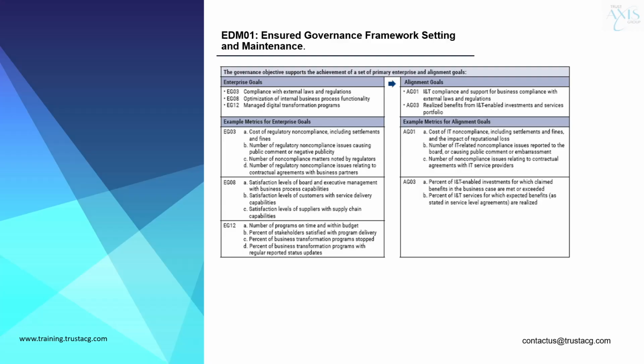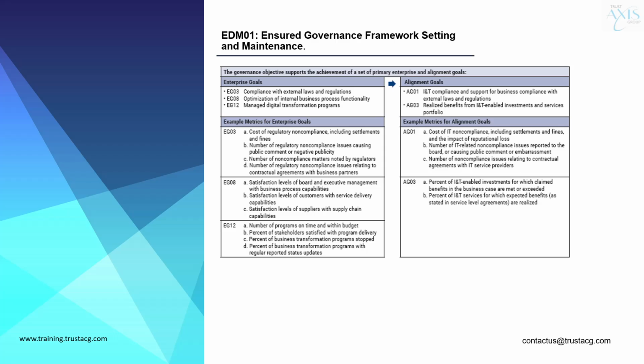So let's begin the first governance objective under COBIT. This concerns ensuring the governance framework is defined and is also subjected to periodic maintenance. This objective lays the foundation for all the other governance objectives and the applicable activities.